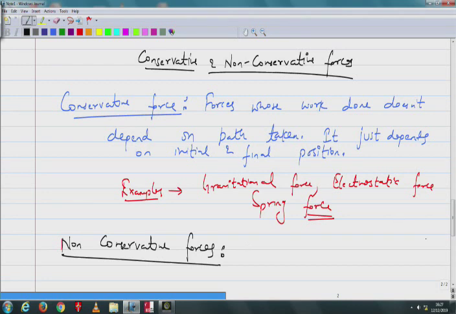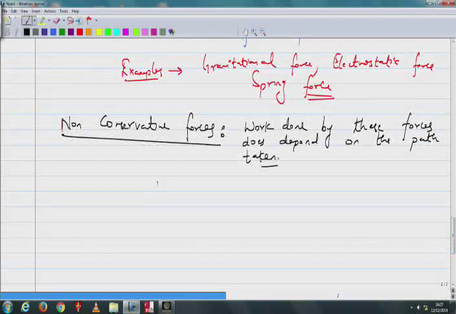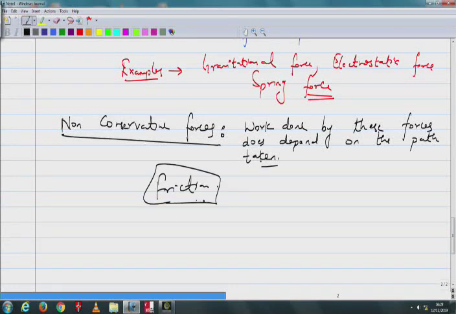So work done by these forces does depend on the path taken. For example, friction. Okay, does it make sense?